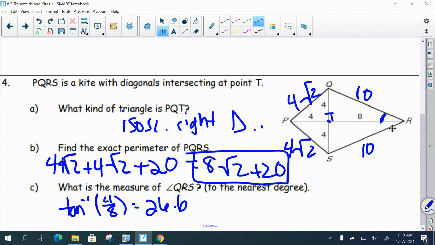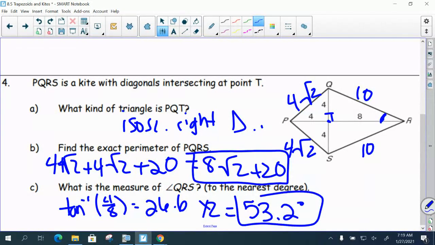But then to get the whole entire angle, you would multiply it by 2, since this along here is an angle bisector. So times 2 would give you 53.2 degrees.